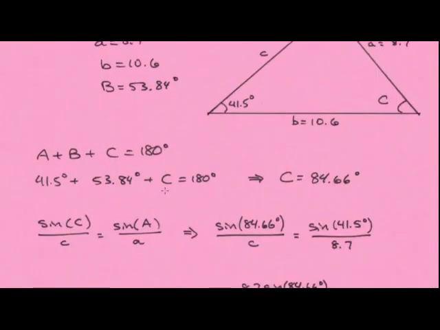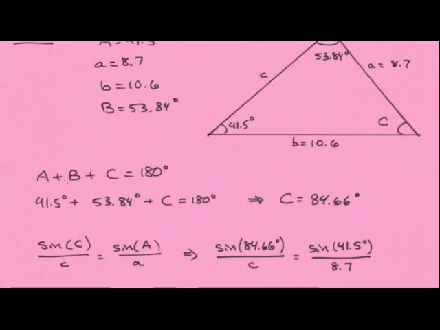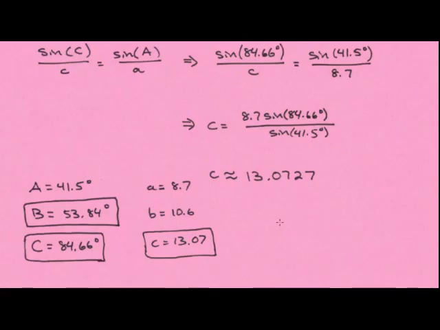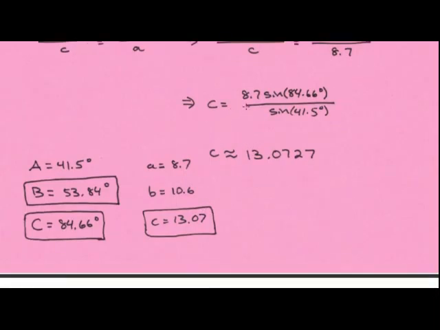Going down to the law of sines, we've got that the sine of angle C over side C is equal to the sine of angle A over side A. So we get that the sine of 84.66 over the length of side C is equal to the sine of 41.5 degrees divided by 8.7. So if we solve for side C, we get that C is going to be equal to 8.7 times the sine of 84.66 degrees over the sine of 41.5.